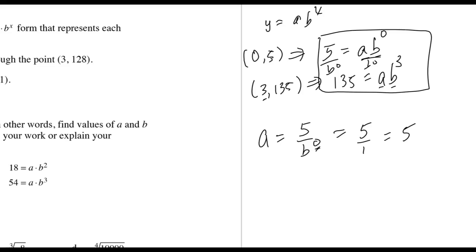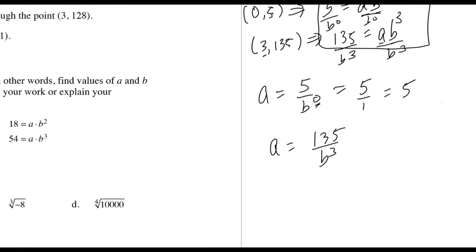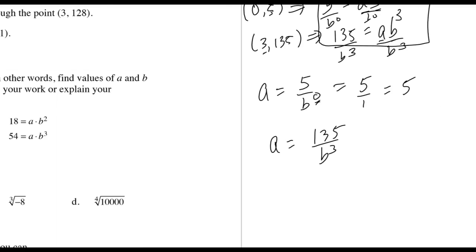Anyway, let's go to the second equation. We're going to do the same thing and solve for a. So I'm going to divide both sides of this equation by b to the 3, and I'm going to get a equals 135 over b to the third. Whoa, now I have 2 different equations.